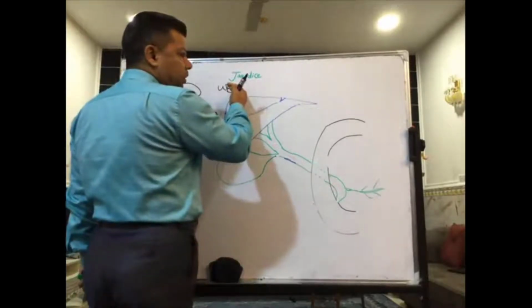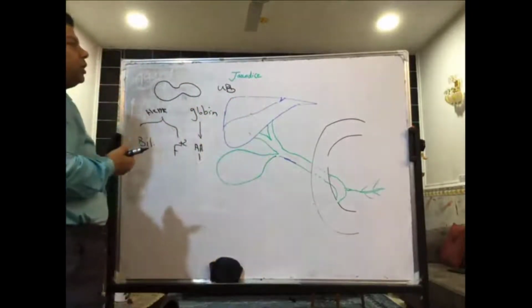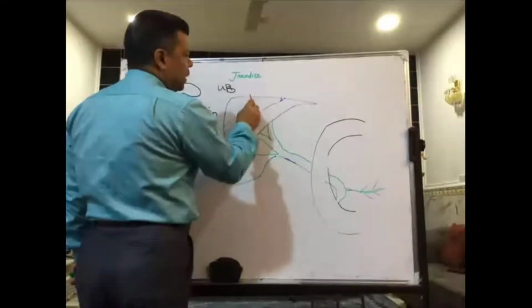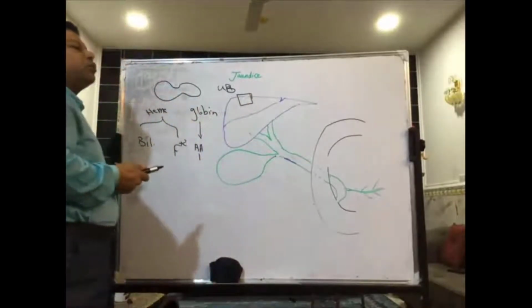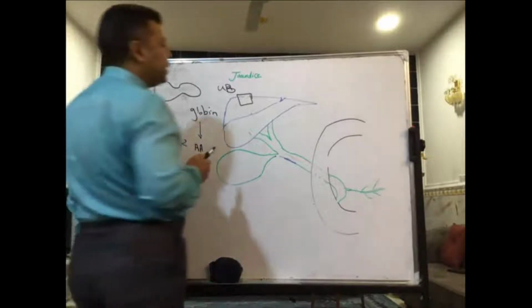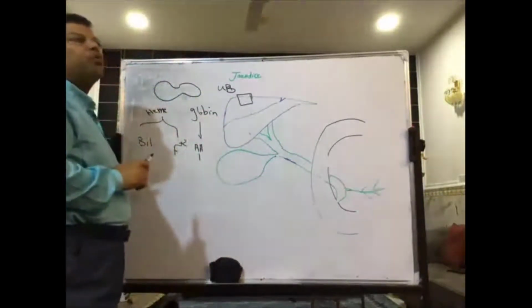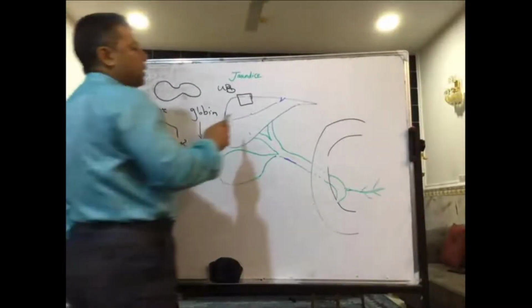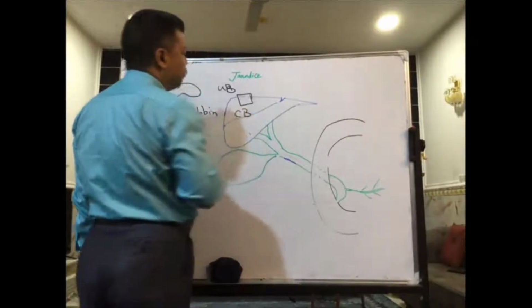By using albumin protein as a carrier, it will be taken up by the liver, and in the hepatocyte the process of conjugation will take place with glucuronic acid and become conjugated bilirubin.